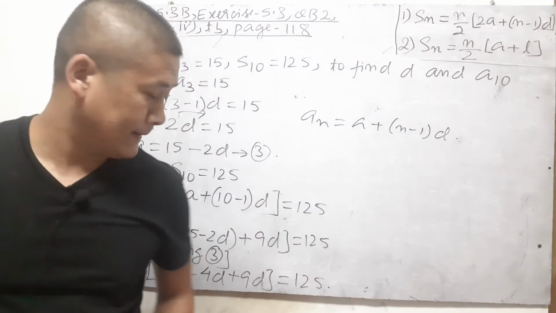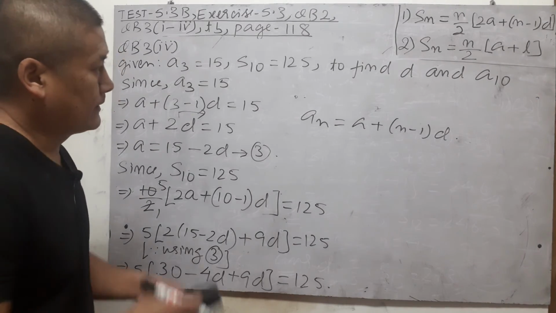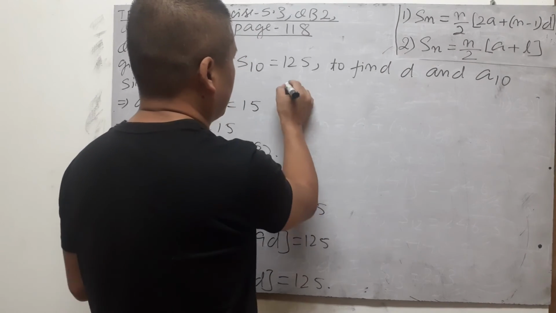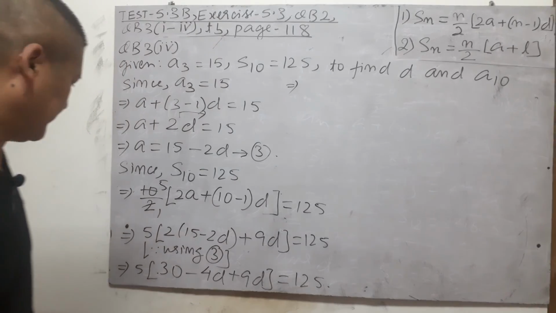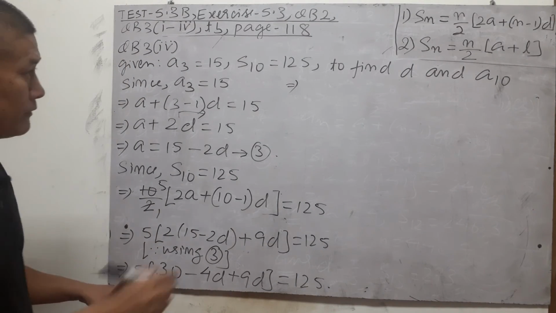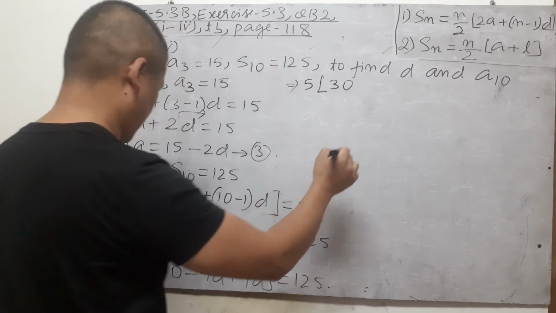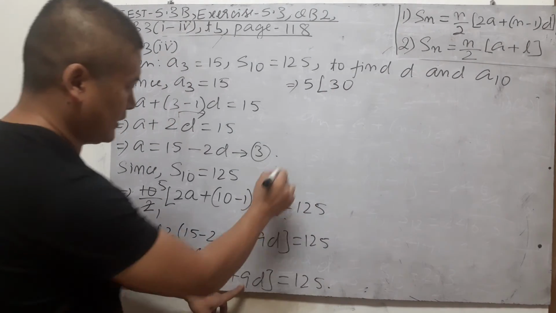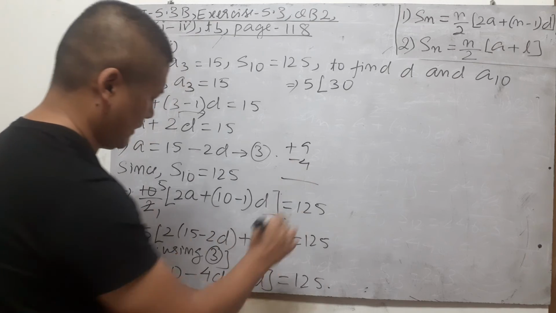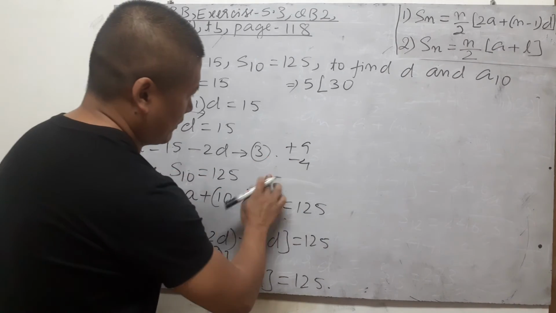Right, so once you're through with that, you can continue and solve. That gives you here 5 into 30 and plus 9d and minus 4d. Bigger one up, smaller one down.